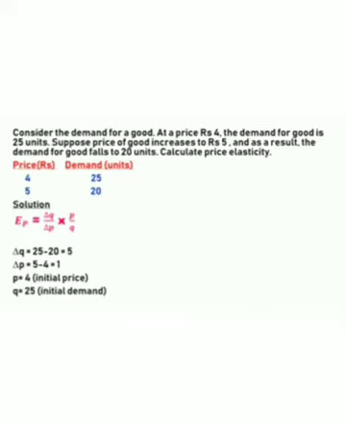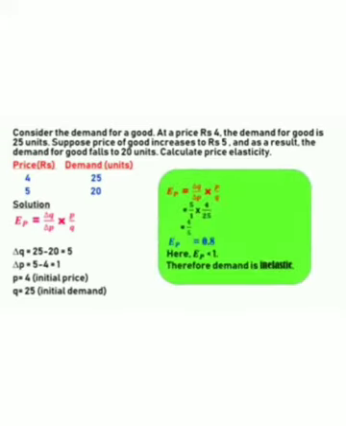Now we have to substitute these values into price elasticity formula. After solving, we found that EP is equal to 0.8, which means price elasticity is less than 1. Therefore, demand is inelastic.